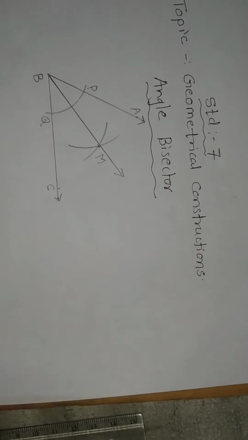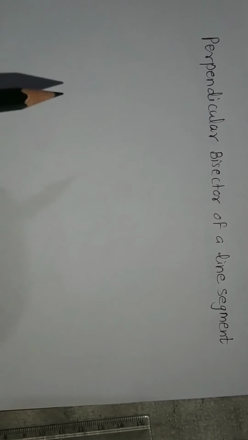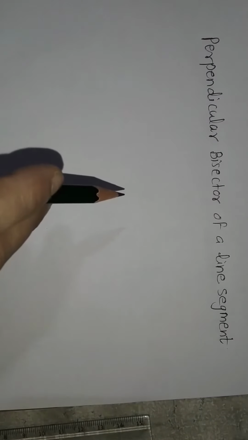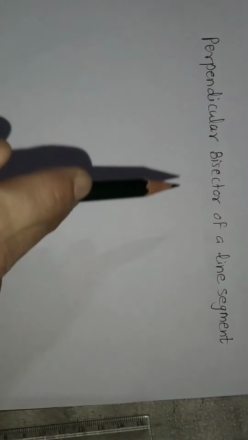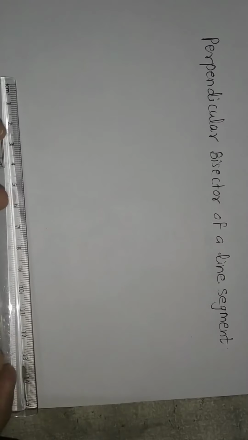Okay student, now we will draw another construction. So student, now we will draw here one more construction, that is perpendicular bisector of a line segment. For constructing this construction, we need to draw here one segment.